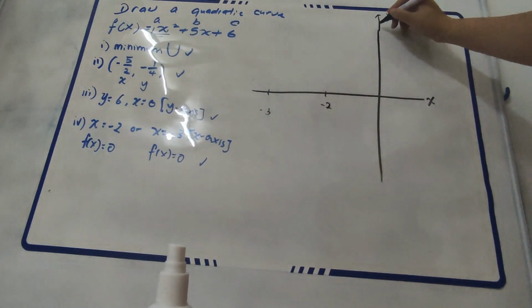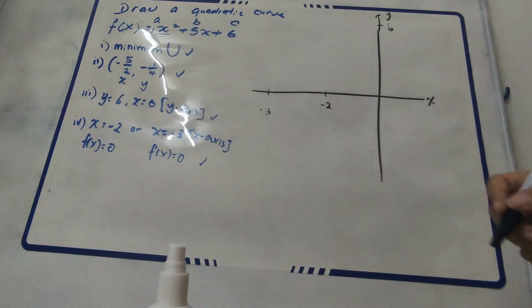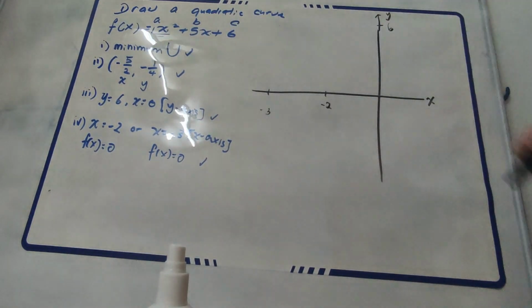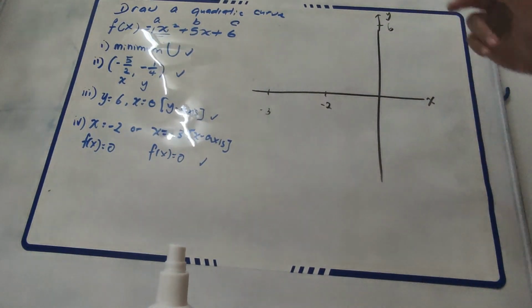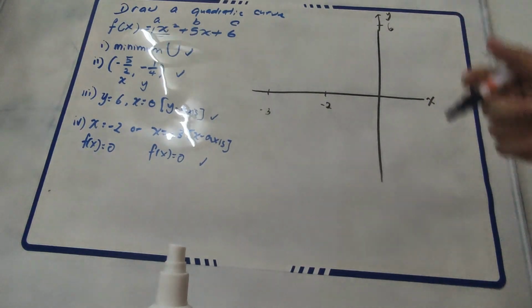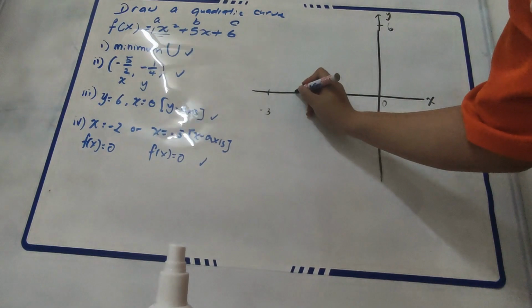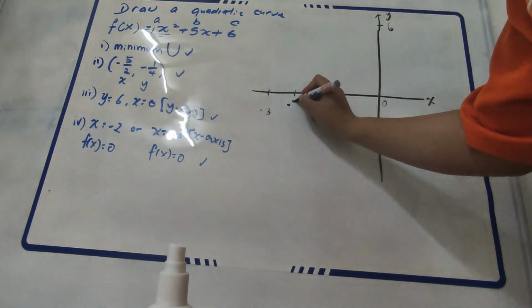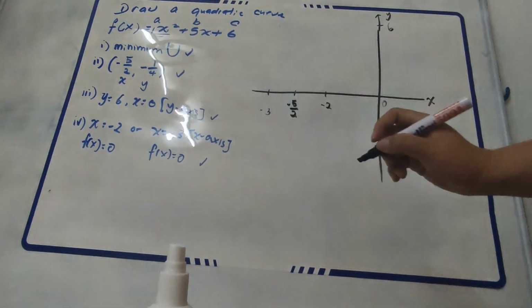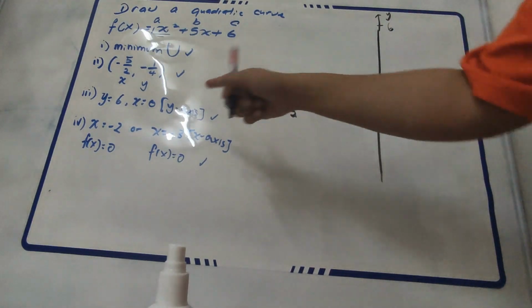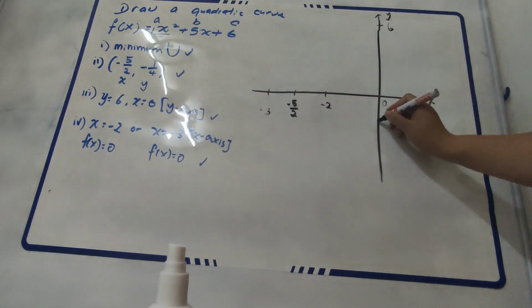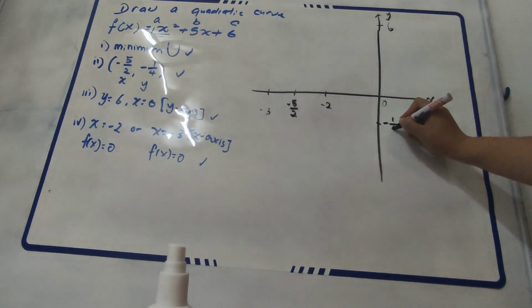So this one is 6, because the curve needs to pass through the intersection at the y-axis when x equals 0. So here is 0, and here you have -5/2 where the minimum point is located, and you also have minus quarter.